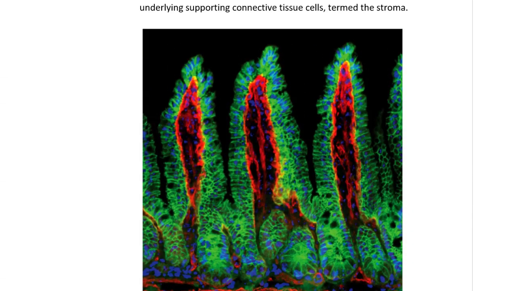And let me first just kind of draw out what this looks like. The basement membrane is nothing but a mesh of proteins that has been secreted by the cells in that area. So you have this mesh of proteins called the basement membrane, right? The epithelial cells are bound to this basement membrane.